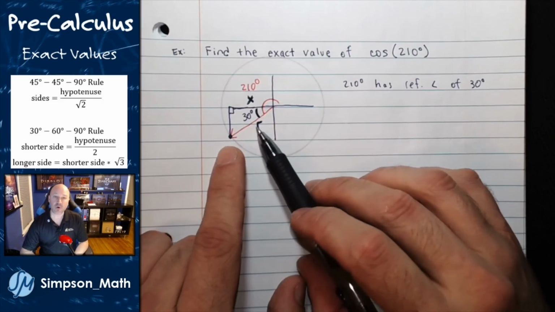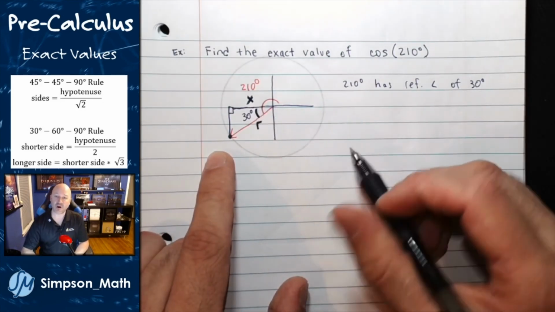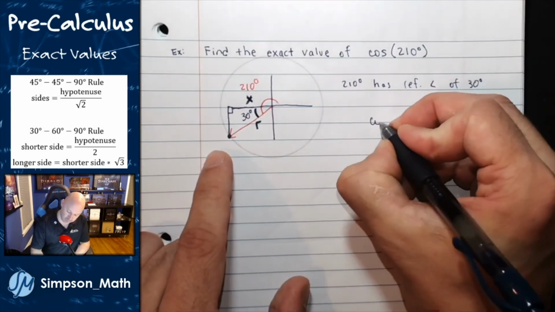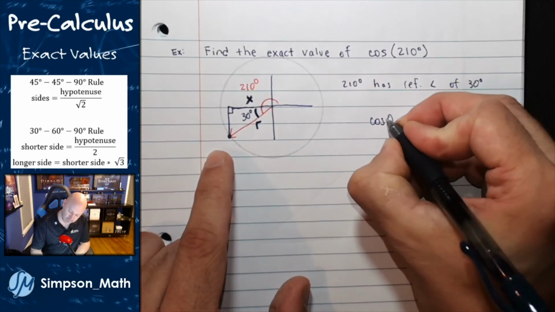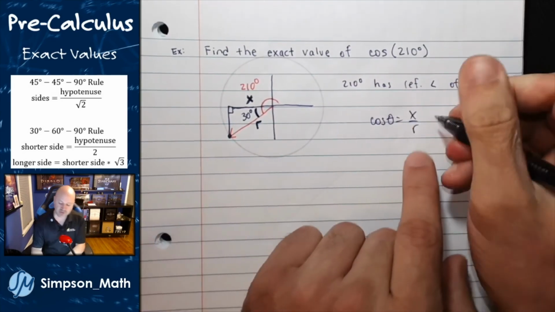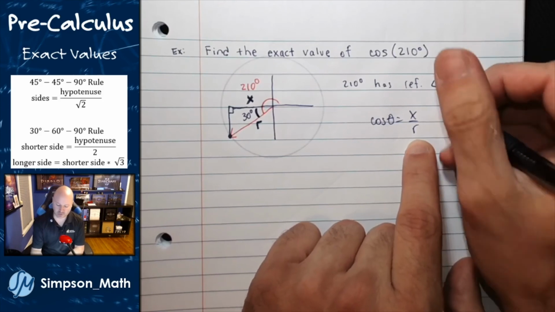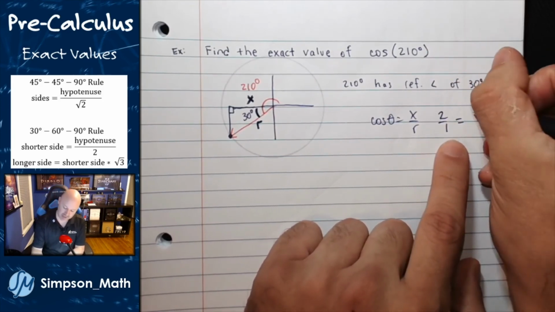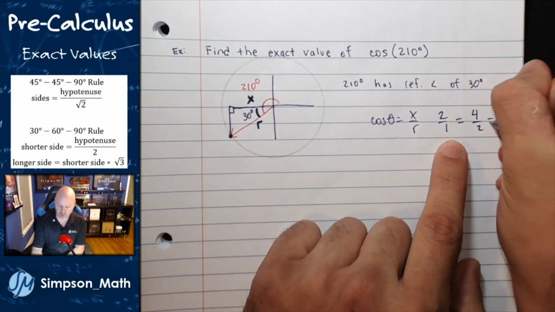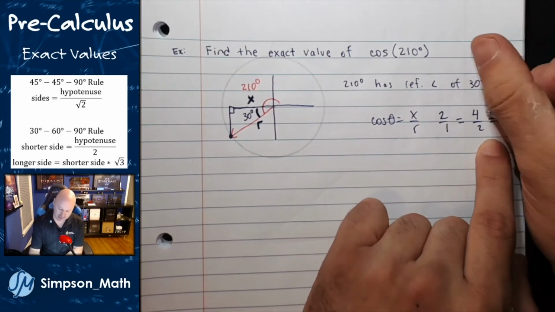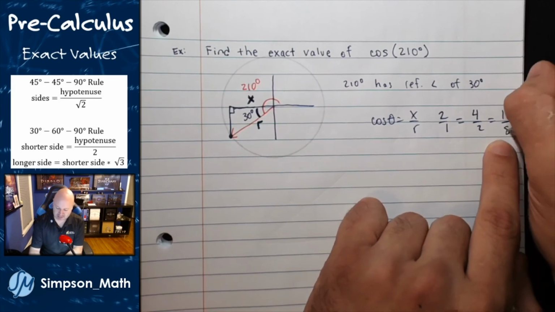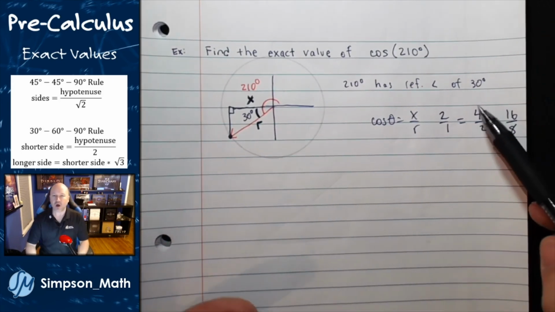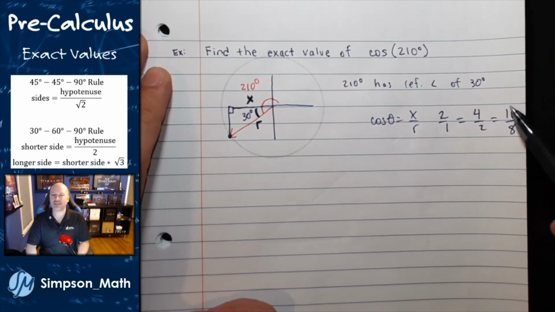Now this relationship, x over r, this is a ratio. So if this were 2 to 1, that's the same thing as 4 to 2, which is the same thing as 16 to 8. The numbers aren't necessarily important.